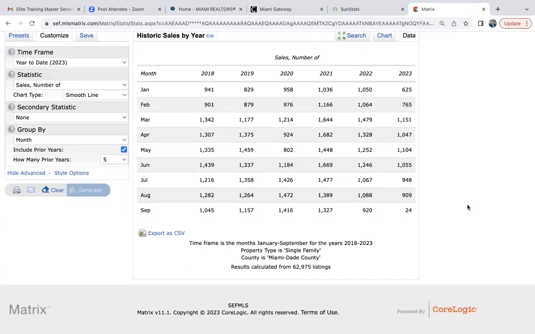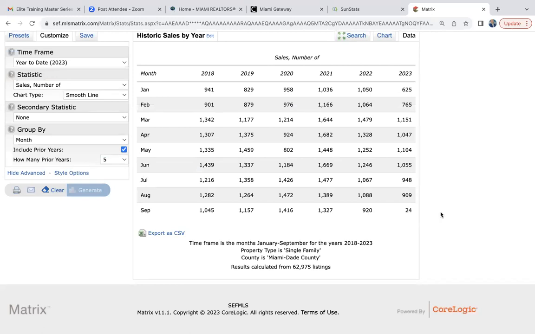So for volume of sales, in January of this year, we sold a lot less than January of 2022. February of this year, we sold, again, a lot less. And there's been a decrease pretty much every single month of this year from the previous year.